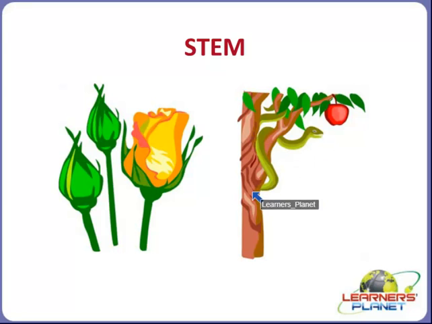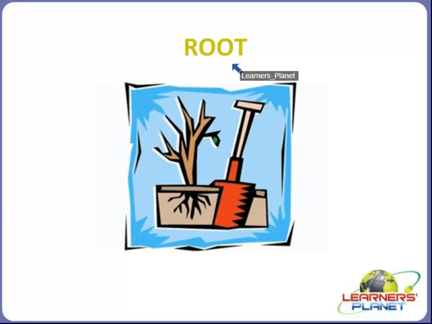So children, we can see here that this is a stem which carries water and food and then finally grows into a flower or a fruit. The last part of a plant is a root.